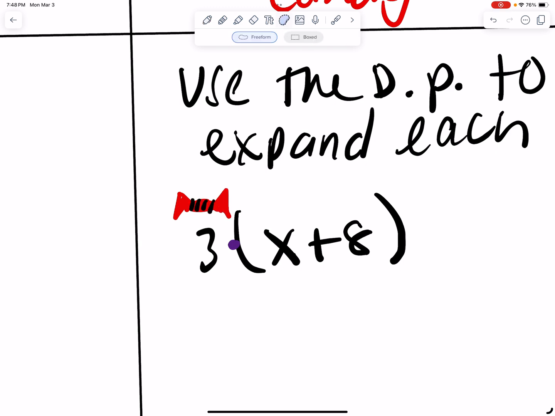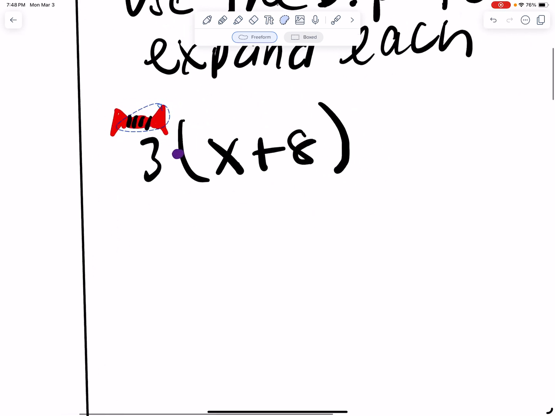Okay, I draw my candy and I'm going to say, the candy has to go to the x and it goes to the 8. So the candy has to be given to everybody. If not, it's not nice. It's not nice just for me to give candy to them. I have to give candy to both.